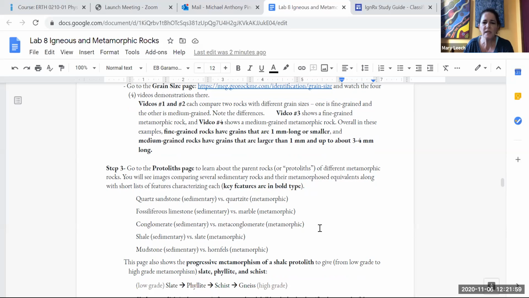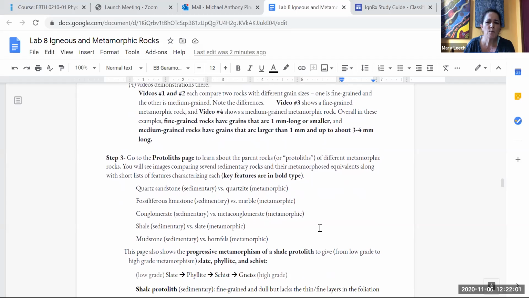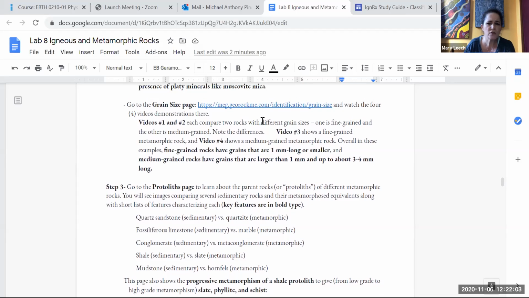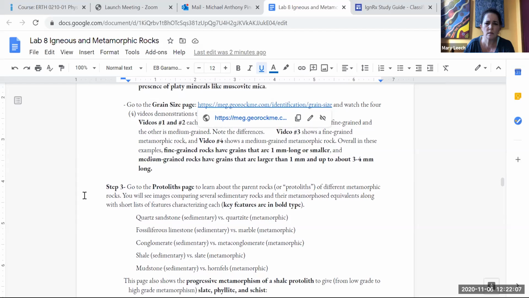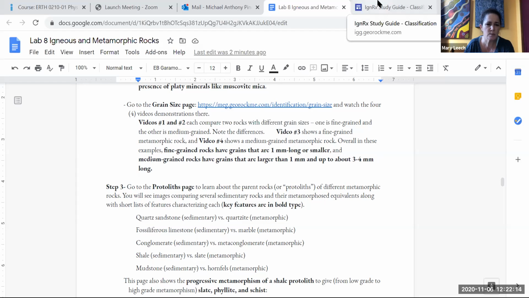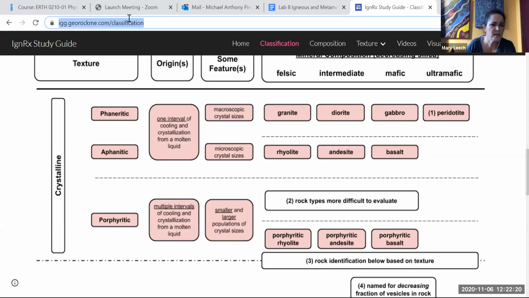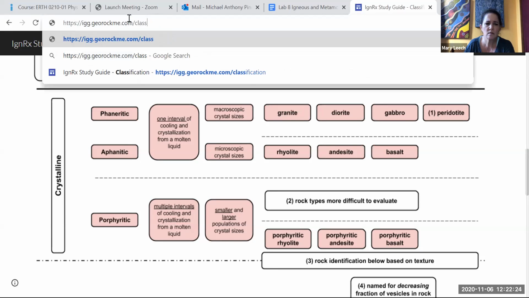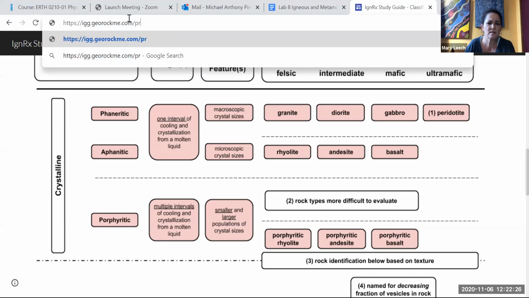Oh, I didn't give you a link. Shoot. Okay, use the same web page as the other one. If you go back to that website we've been at, I will tell you how to change the URL to get to the protolith. You just add protolith to the end. So go there. Yeah, click on that. And now instead of classification, change that to protoliths.